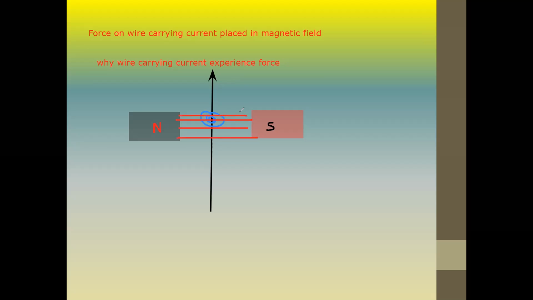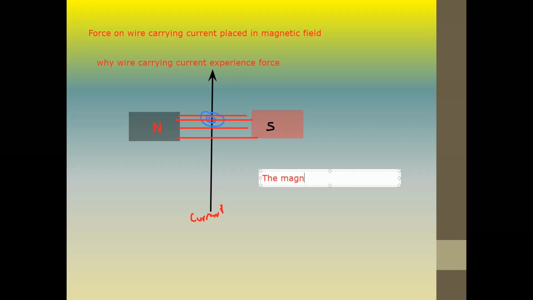So how many magnetic fields are there in this example? The wire which is carrying the current, and there is a permanent magnet. So there are two magnetic fields, not three. One is the magnetic field of the wire. I'm not saying magnetic field lines, I'm saying how many magnetic fields there are.